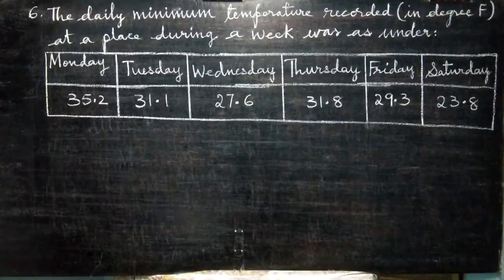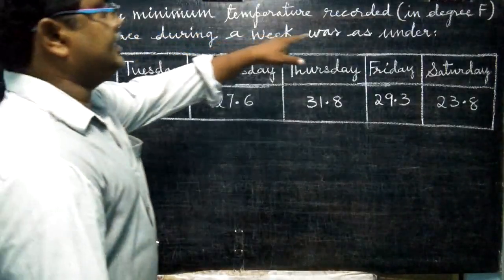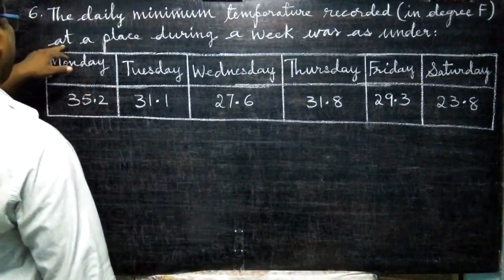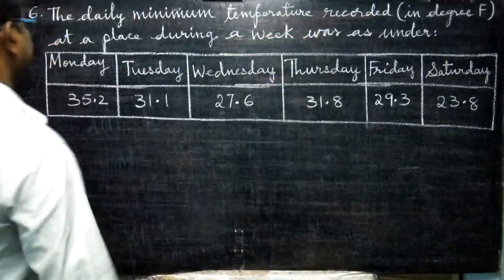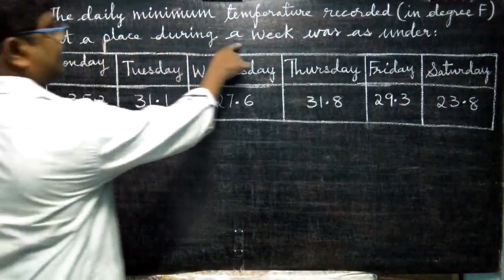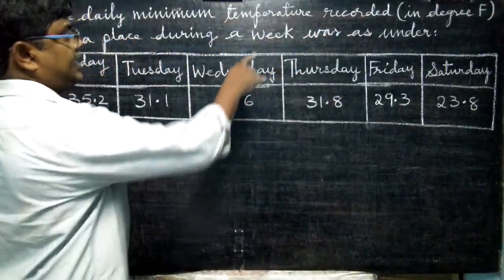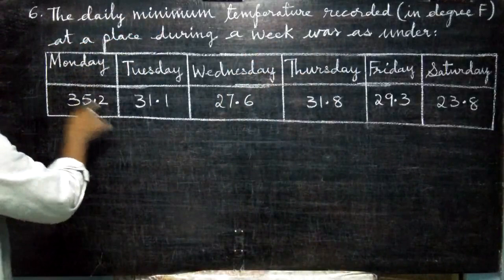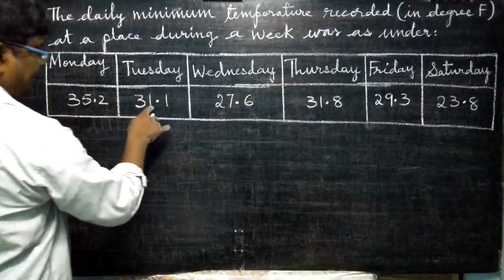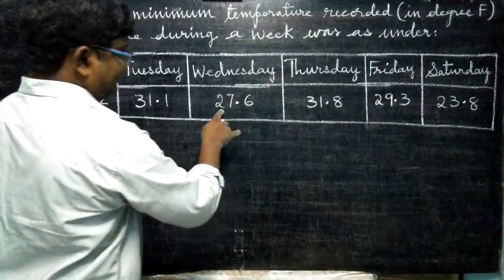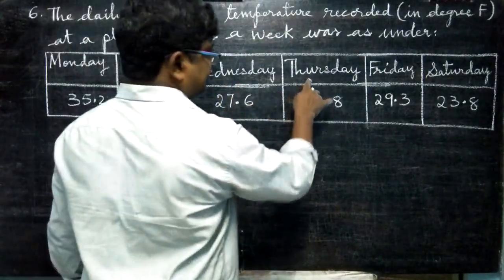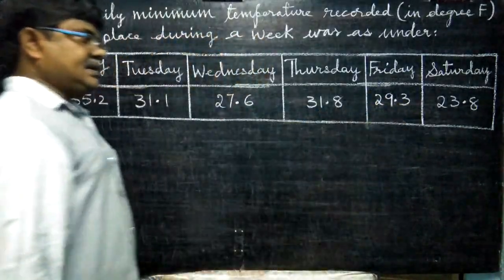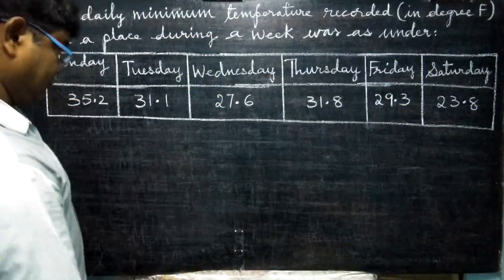Sixth problem. The daily minimum temperature recorded in degrees Fahrenheit at a place during a week was as under: Monday 35.2, Tuesday 31.1, Wednesday 27.6, Thursday 31.8, Friday 29.3 and Saturday 23.8.